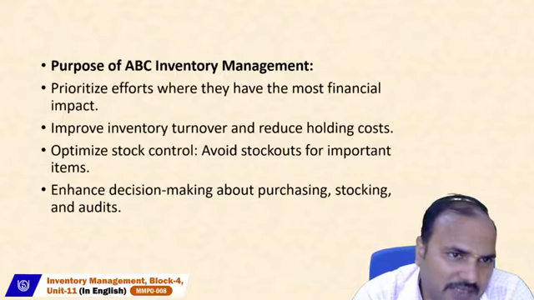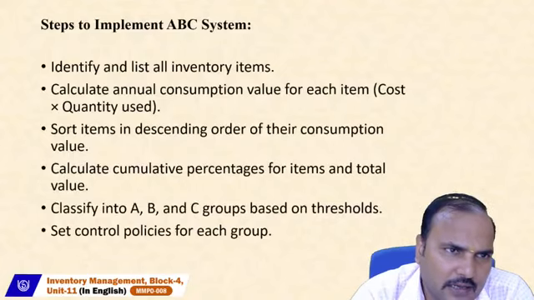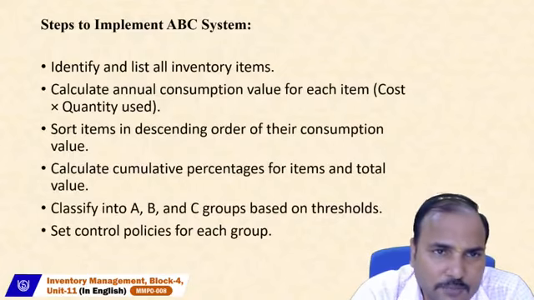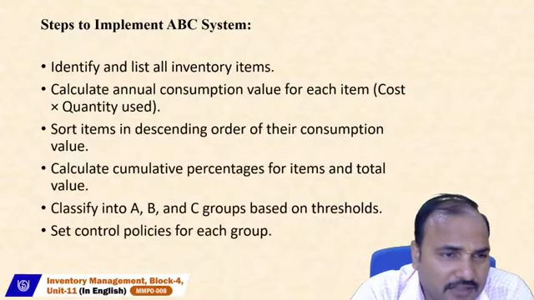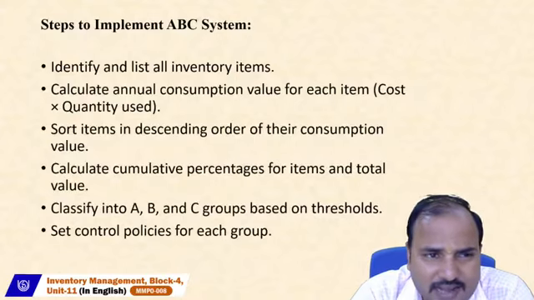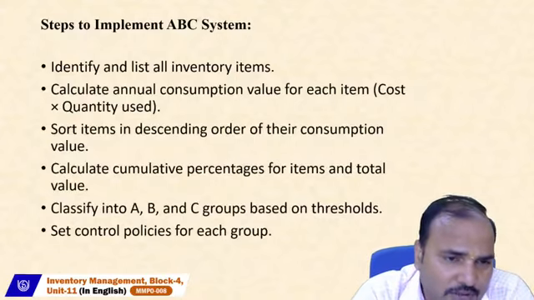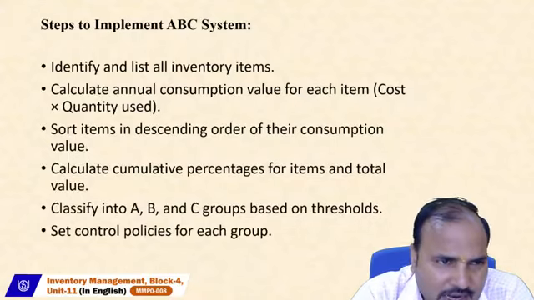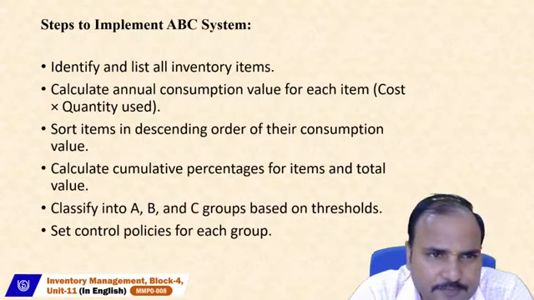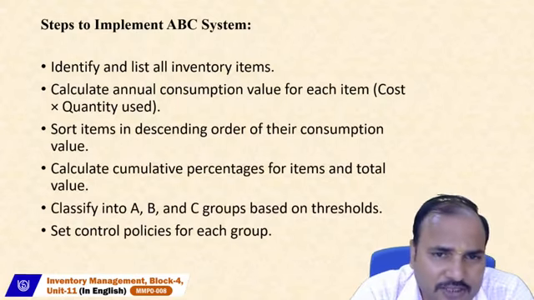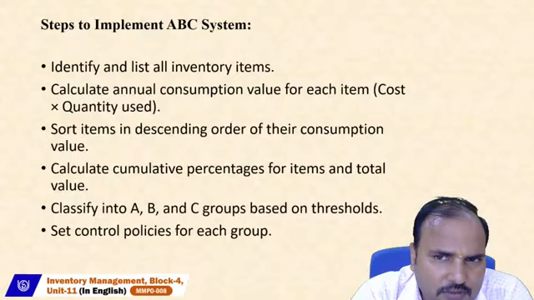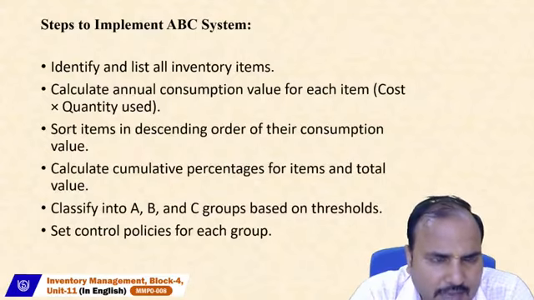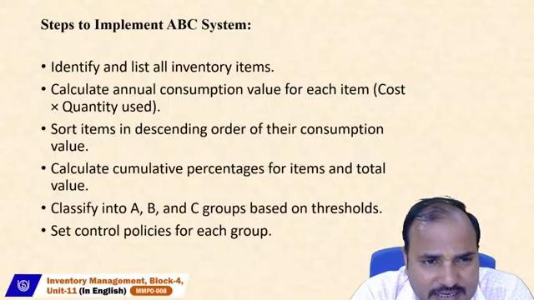In ABC inventory management, let us see the steps to implement the ABC system. What are the different steps? First, identify and list all inventory items. We have to identify the different inventory items and prepare a list. After that, calculate the annual consumption value for each item, that means cost times quantity used. Then sort the items in descending order of their consumption value.